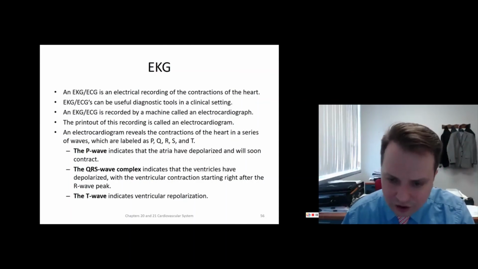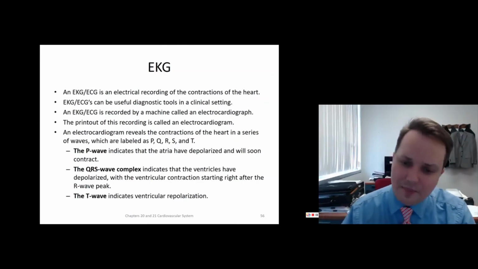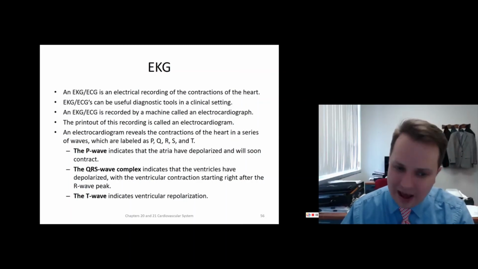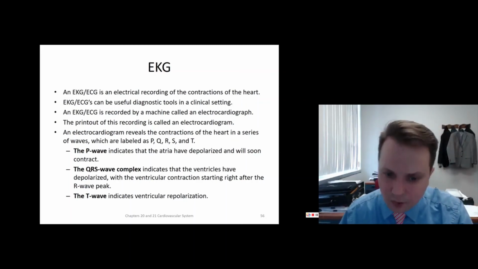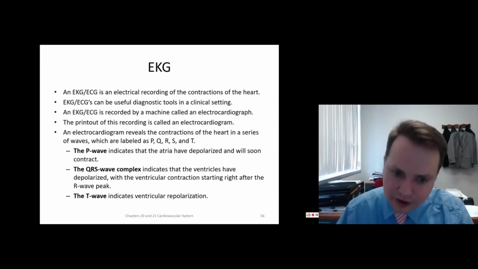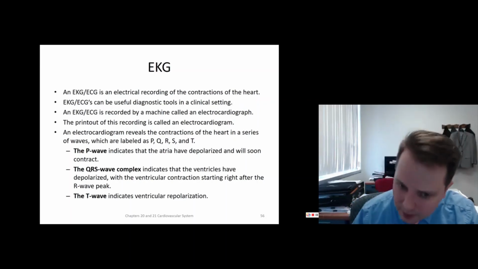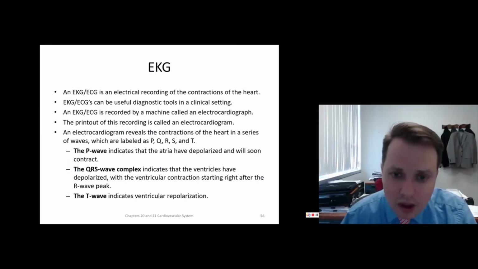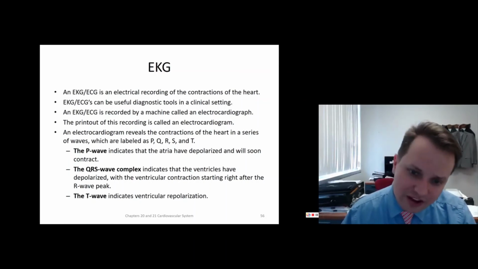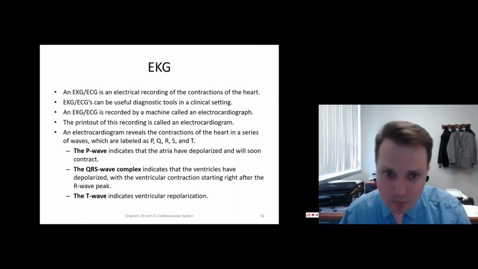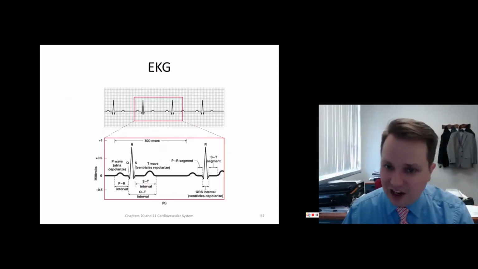Ventricular contraction is going to happen right after the R wave of the QRS, so right in the middle, the ventricles will start to contract midway in. The T wave is ventricular repolarization. So I will ask what each one of these things represents. Okay? So here's your typical EKG tracing, the one we also saw in lecture.